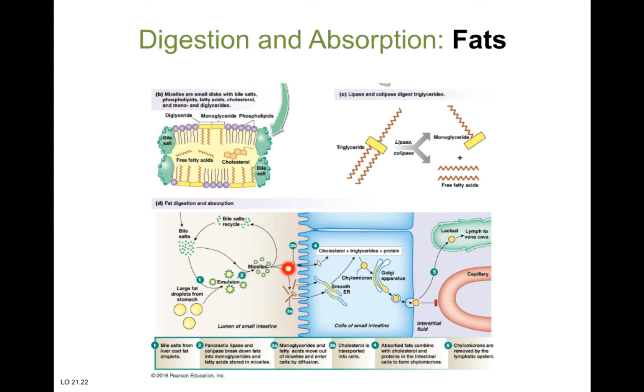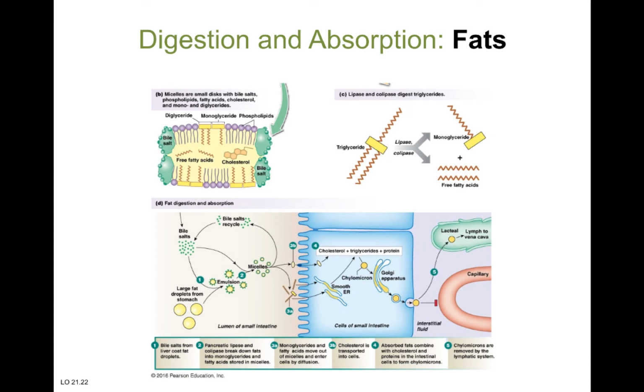And when the micelles come in contact with the microvilli of the enterocytes, that's when they can release the cholesterol, free fatty acids, and monoglycerides. That's the point where they can actually get absorbed across the microvilli.